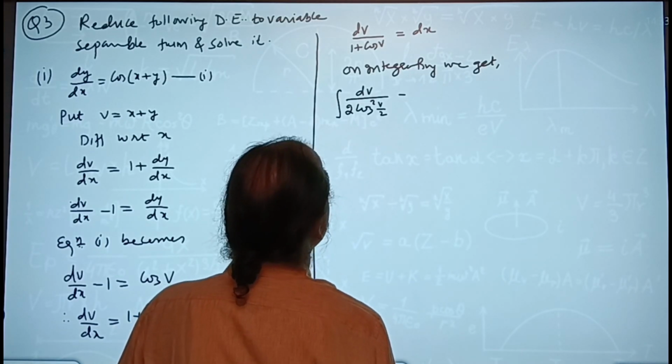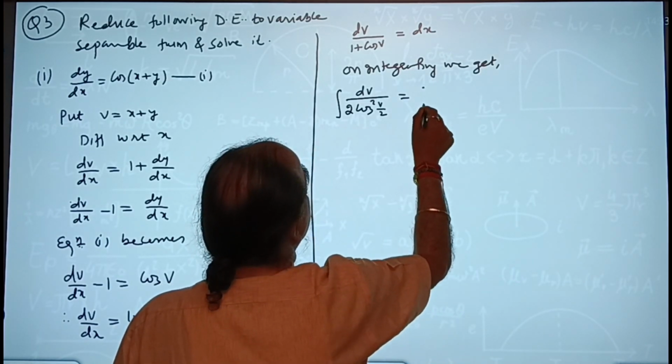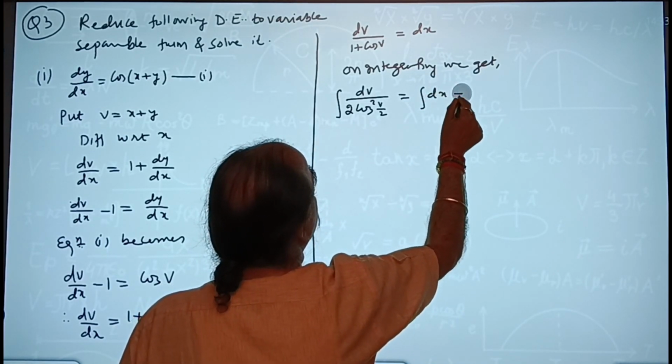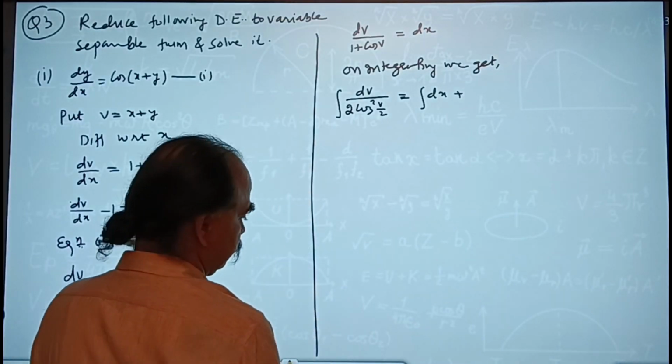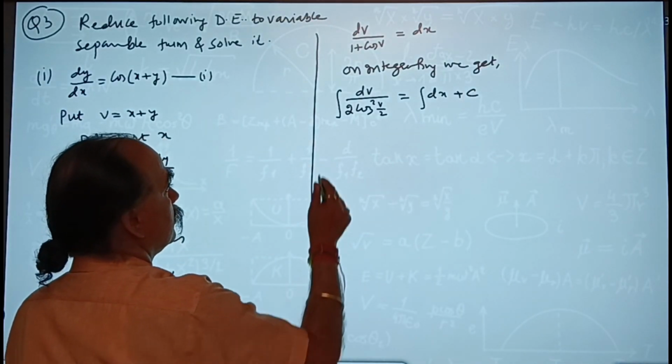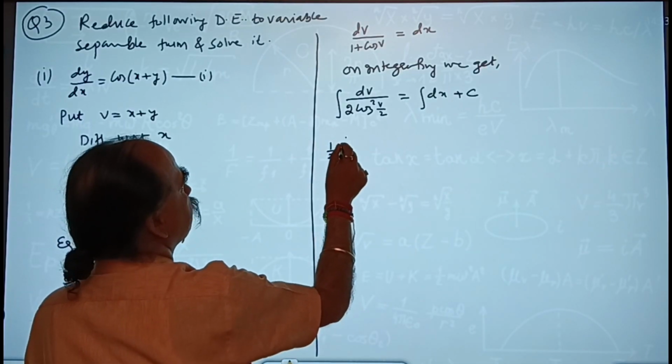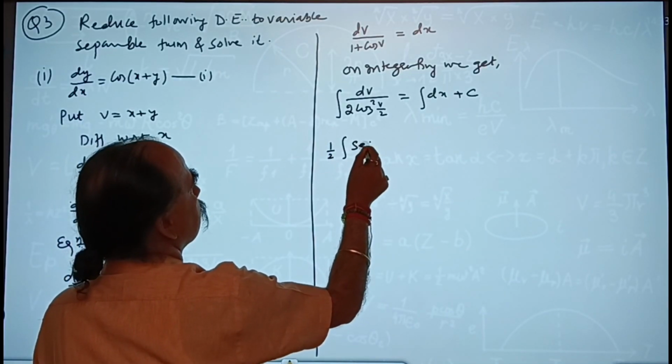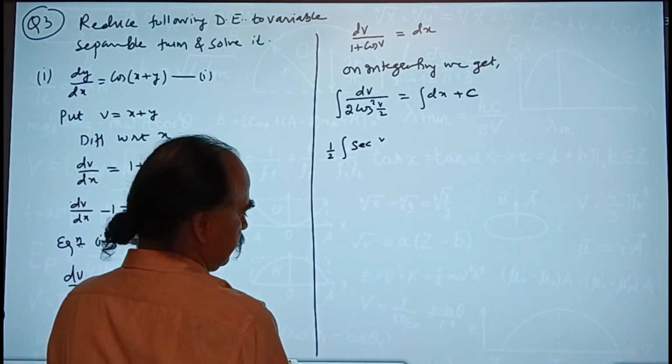Integral dx plus c. 1 by 2 you take outside, integral sec square v by 2 dv.